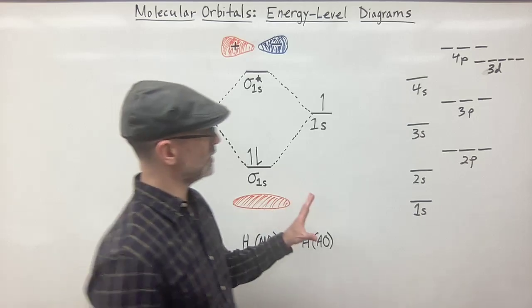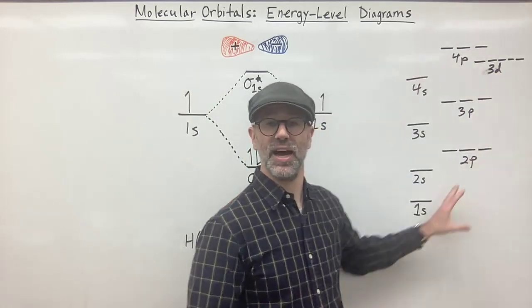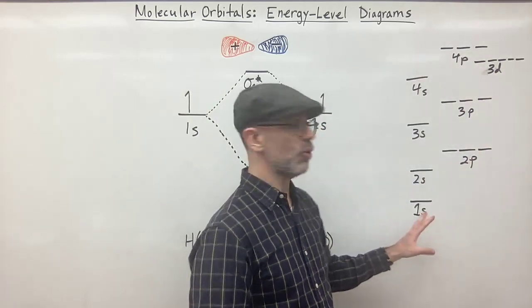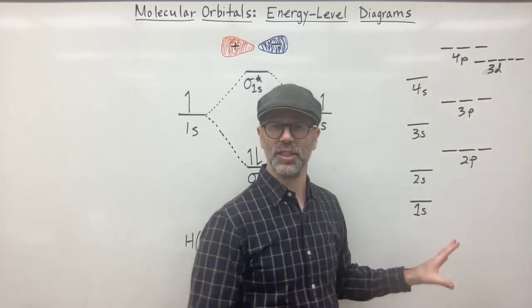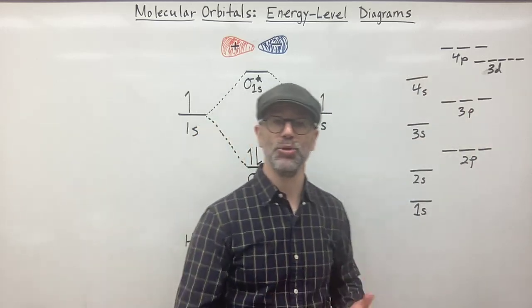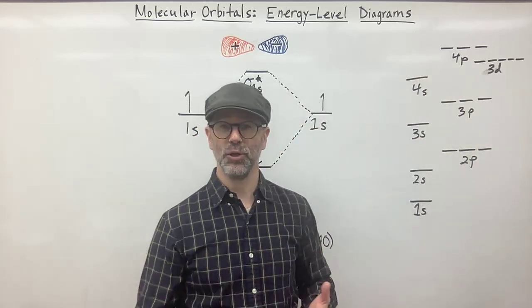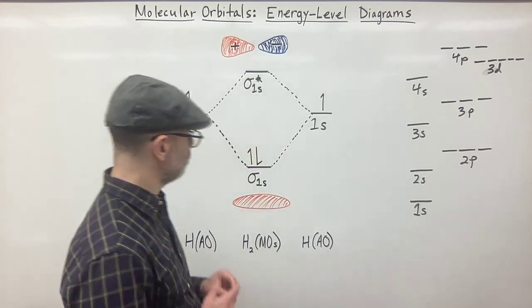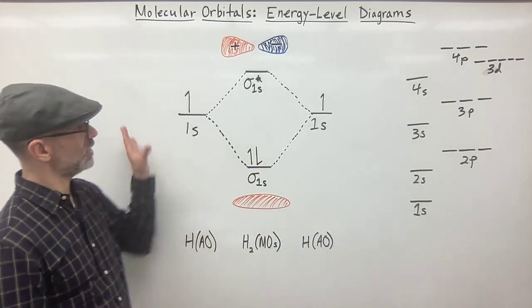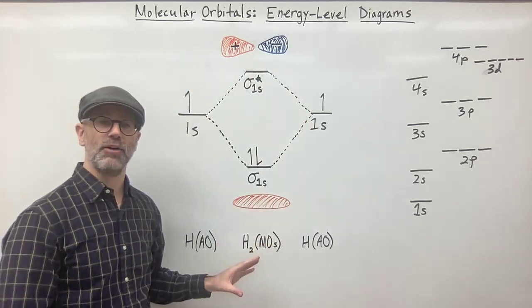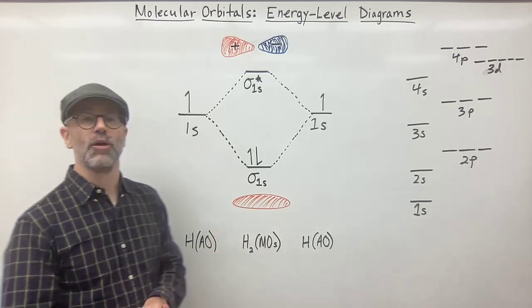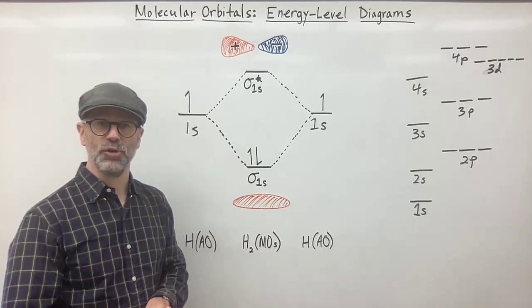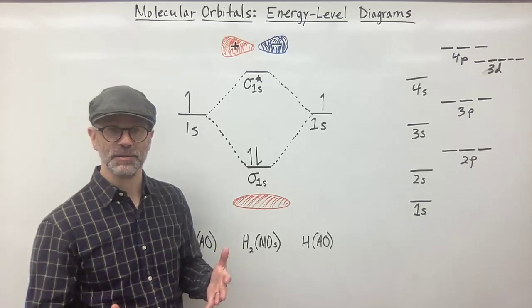So just like in atoms, where you fill in an orbital diagram or an energy level diagram, you also will do the same thing with molecular orbitals. So let me bring your attention to this. This is an energy level diagram, a molecular orbital diagram, for filling in molecular orbitals with your valence electrons.